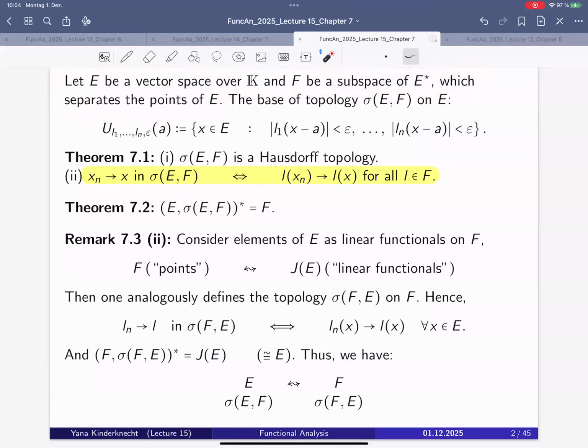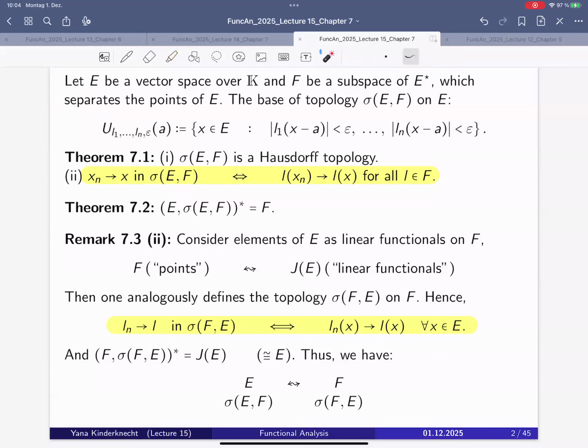And hence we may create in the same way the topology on F, the topology sigma FE on F. And the convergence in this topology will look as follows. A sequence of linear functionals Ln converges to L in this topology on F, if and only if the linear functionals converge pointwise on E. So let me mark this line.